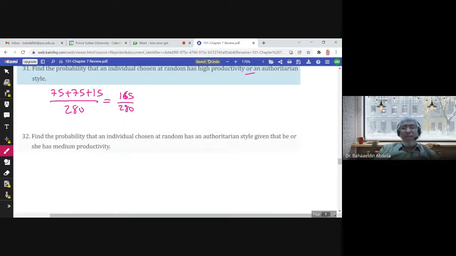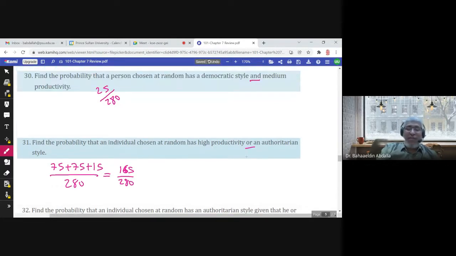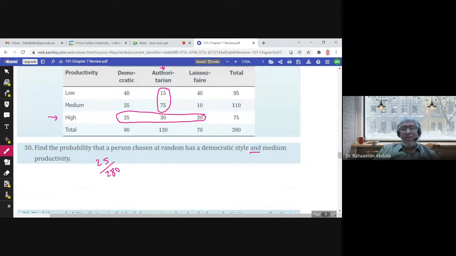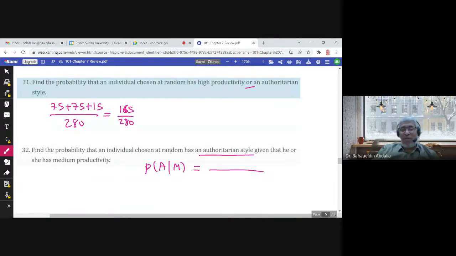Find the probability that an individual chosen at random has an authoritarian style given that he or she has medium. So he's asking about the probability of A, authoritarian, given M, medium. To find the probability of given, medium now is our sample space. So 110, the total number of medium is 110.